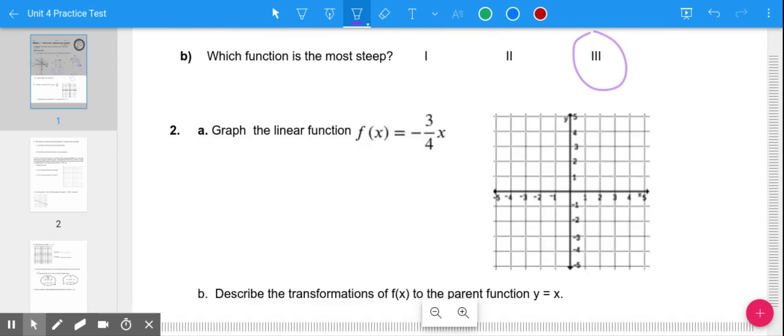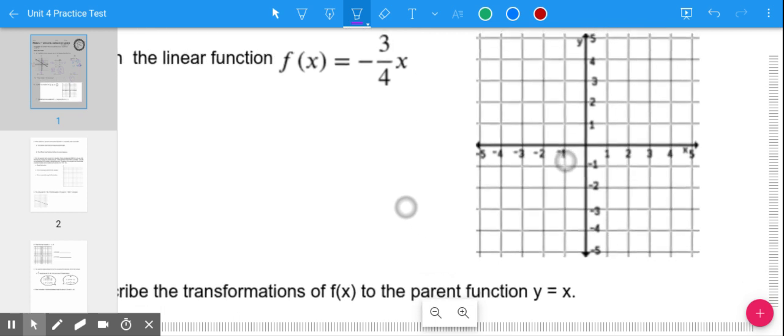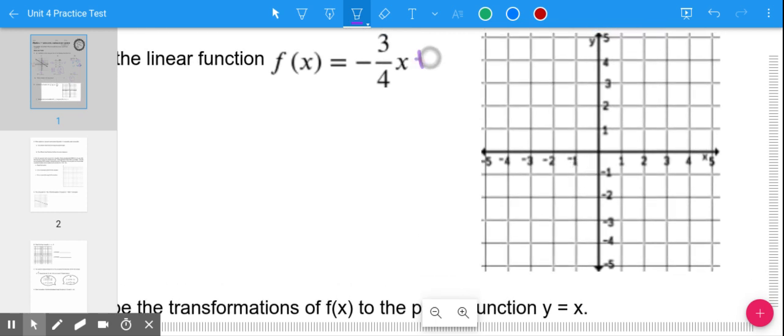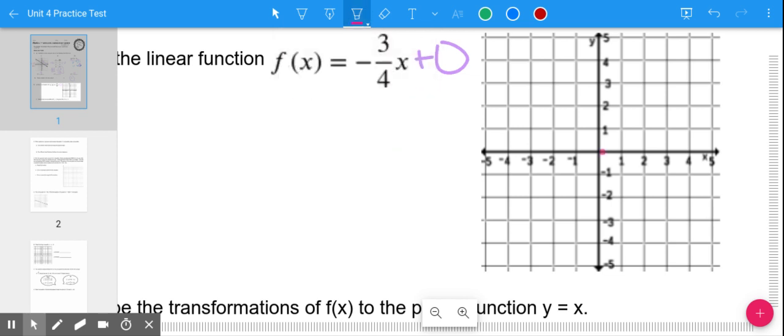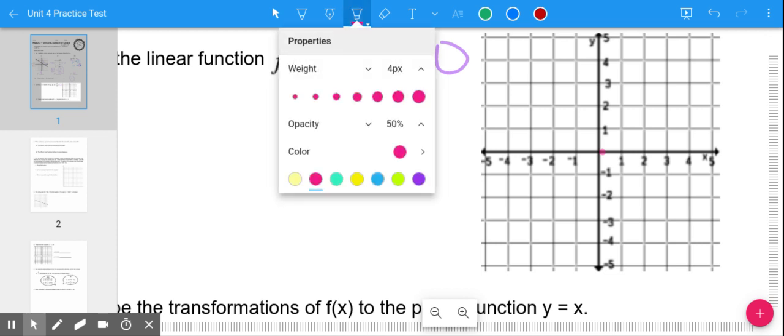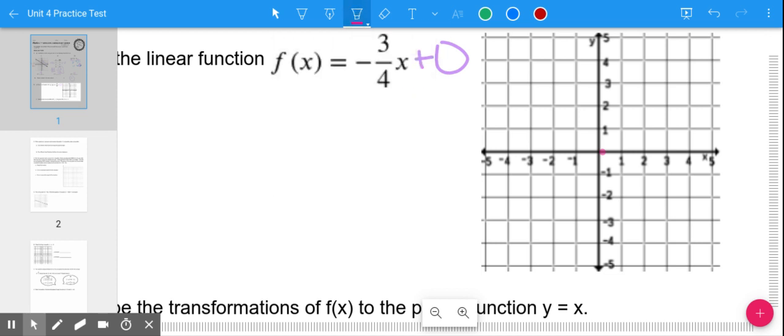Next one, it says graph linear function. So I'm going to start off with my slope. If you remember, if there's nothing added or subtracted on the end, it would be a y-intercept of 0. So that's going to be my first point. It's going to be 0, 0. And then I have my rise over my run. But since it's negative, I'm going to go down 3 over 4.